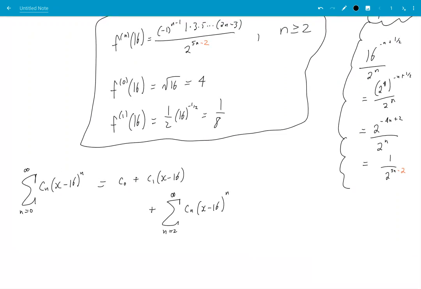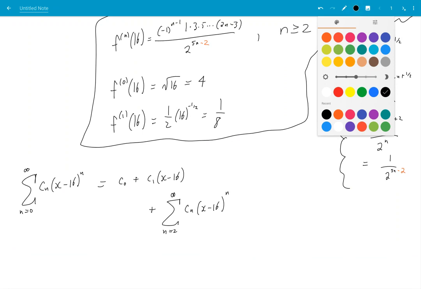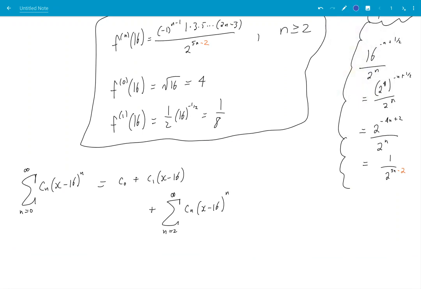So what is Cn? Well, what you do is you take this guy up here and you divide it by n factorial. Okay, this is my formula.